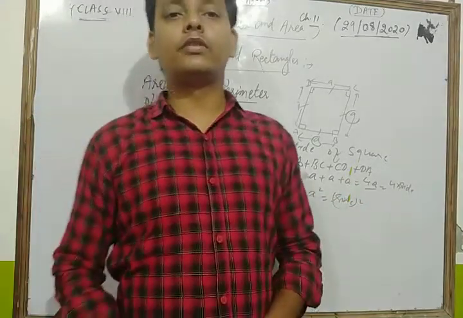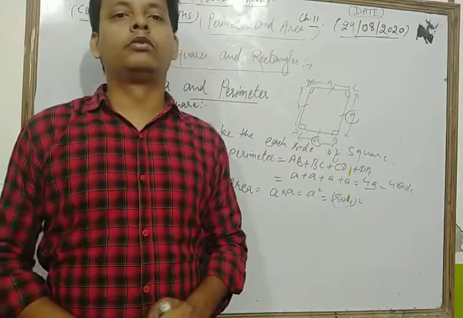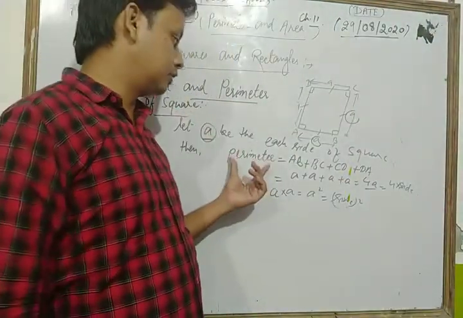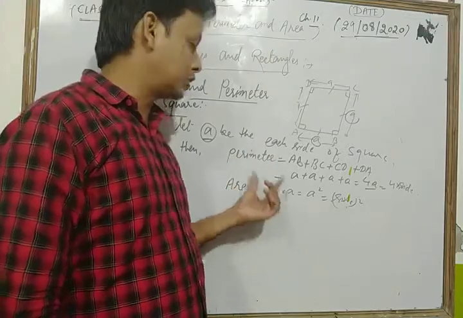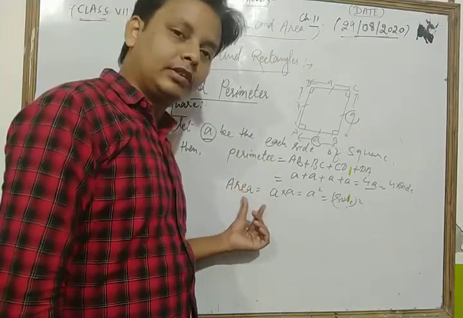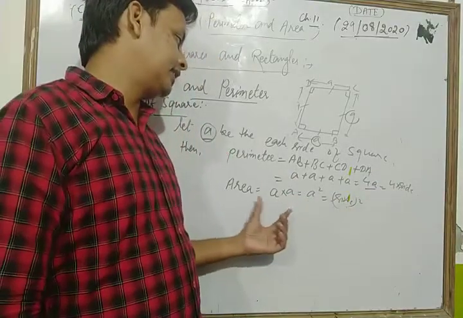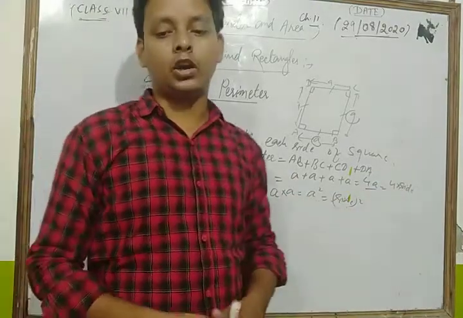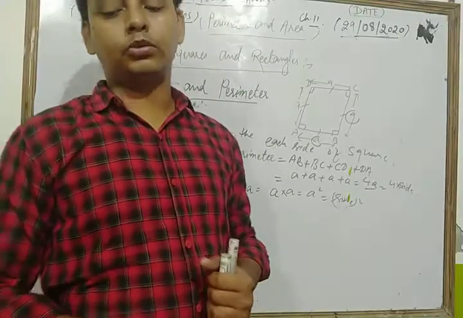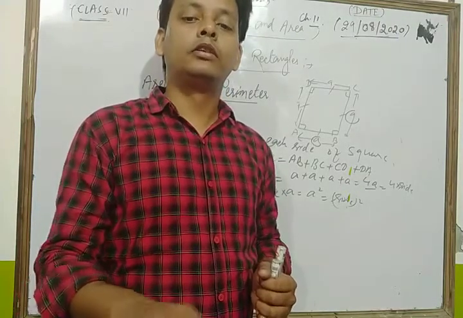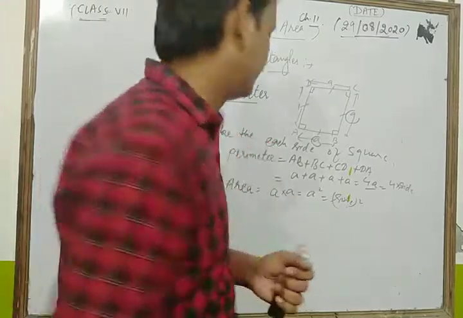So we clear the concept of square, and we also discuss these two important formulas for square: perimeter is 4A, meaning 4 into side, and area is A square, meaning side square. Now we are going to discuss the rectangle and its important formulas and properties. Let's see.